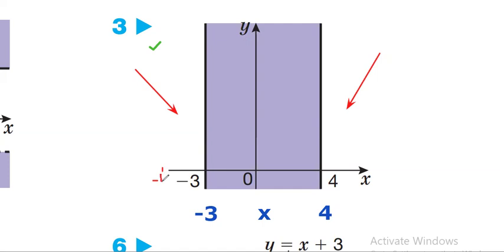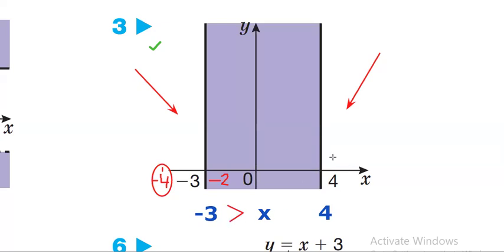It's negative 4, because negative 2 should be here. So the negative 4, is it smaller or bigger than negative 3? Very good. It's smaller. Negative 4 is smaller than negative 3. So the x should be smaller than negative 3.